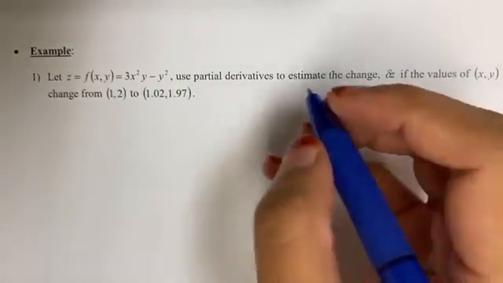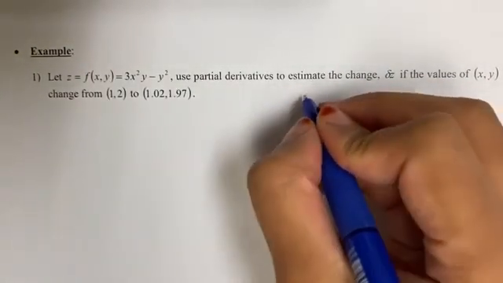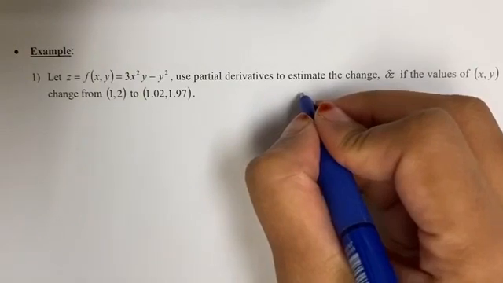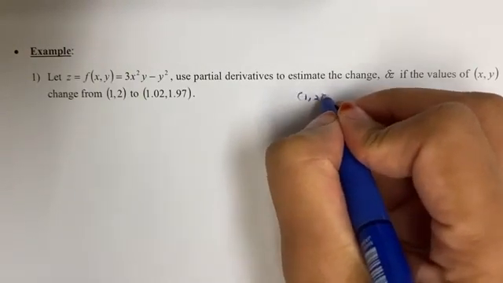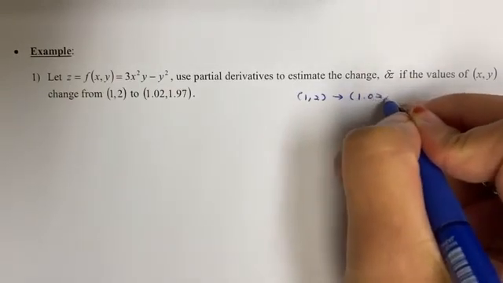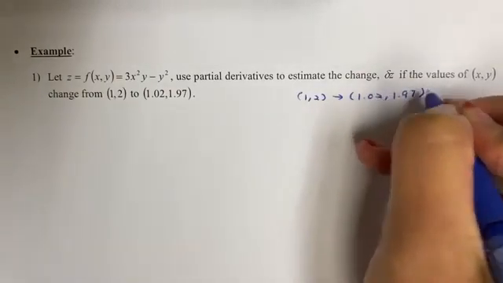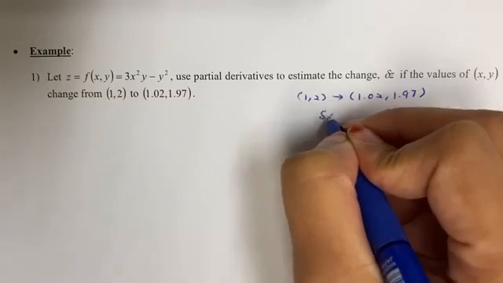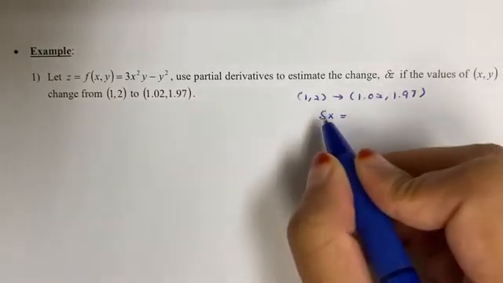So you have x from 1 to 1.02, y from 2 to 1.97. So here delta x is the change of x value.